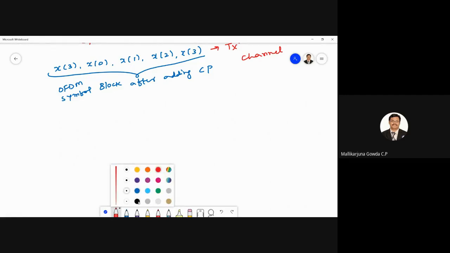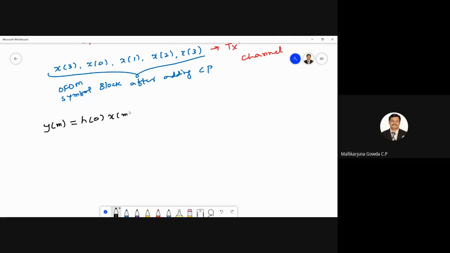With respect to the ISI model, y of m will be equal to h of 0 into x of m plus h of 1 x of m minus 1 plus v of m, where v of m is the noise.